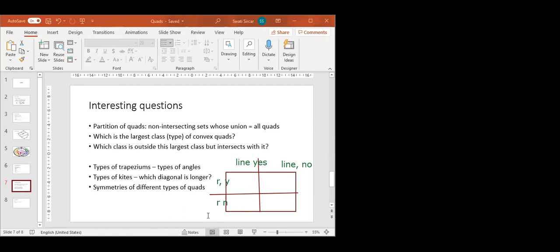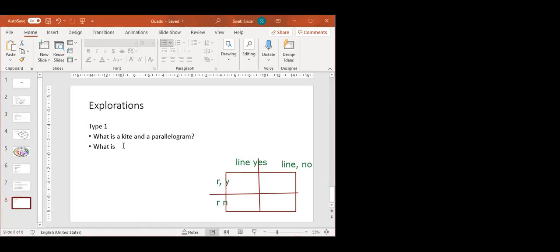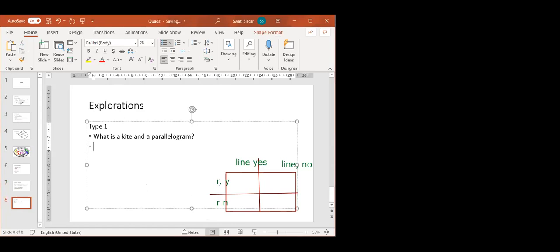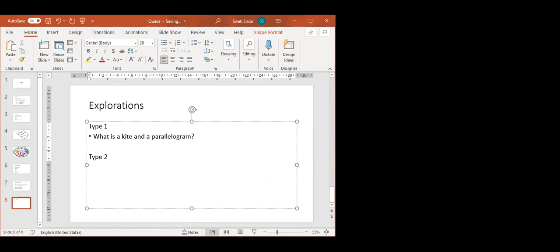Okay. So the last part which I wanted to share and I didn't get time to complete it, but I'll just type it out here as we go. So two kinds of explorations that are good. One is, ask this kind of questions. What is a kite and what is a parallelogram? And come up with your own stuff, right?